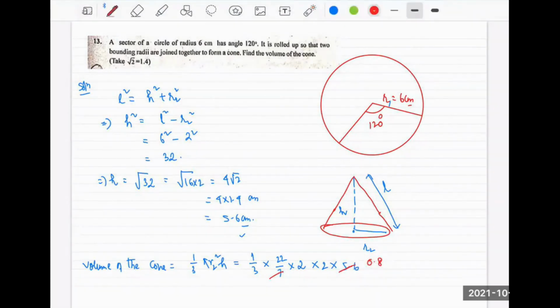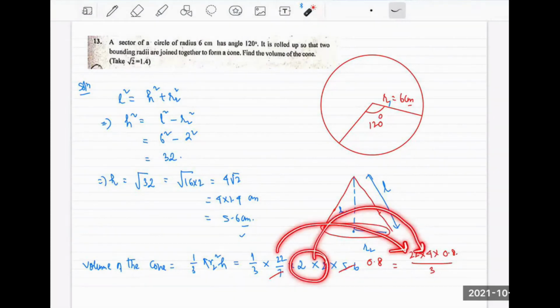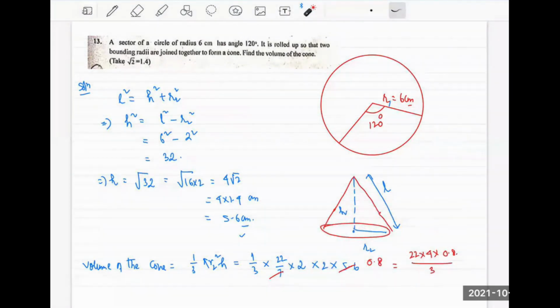Whatever is left, you just multiply it and divide it. What is left? 22, 4, 0.8 by 3. These two are multiplied and we have obtained 4. 22 is here, 4 is here, 0.8 is here, and 3 is remaining. Okay, multiply 88 into 0.8, divided by 3.